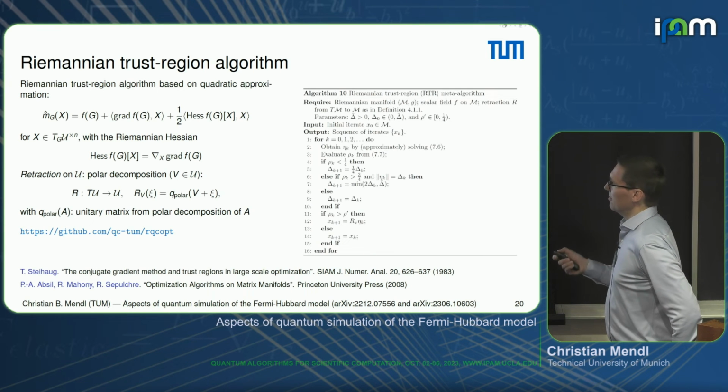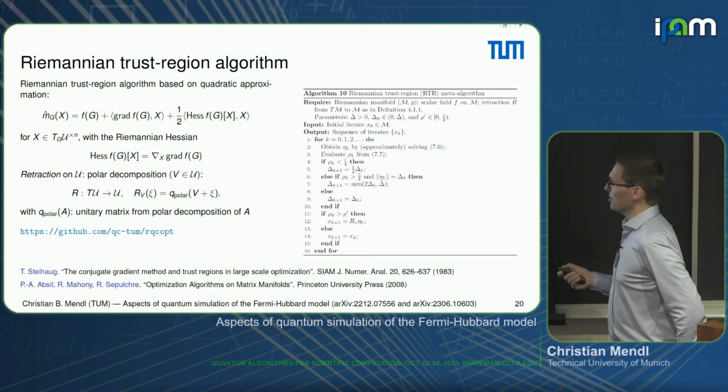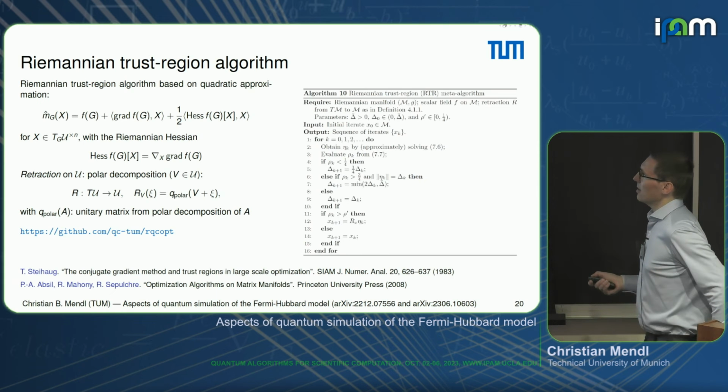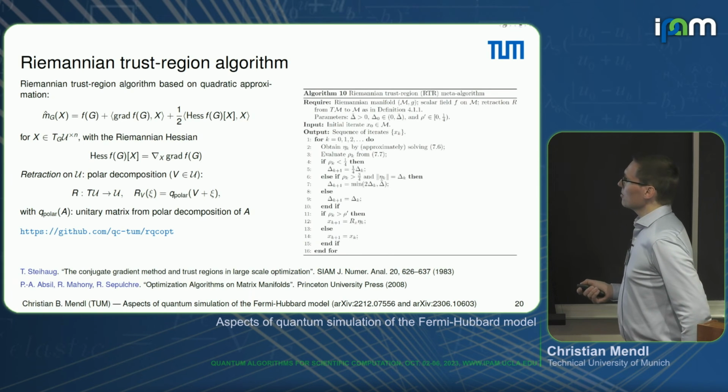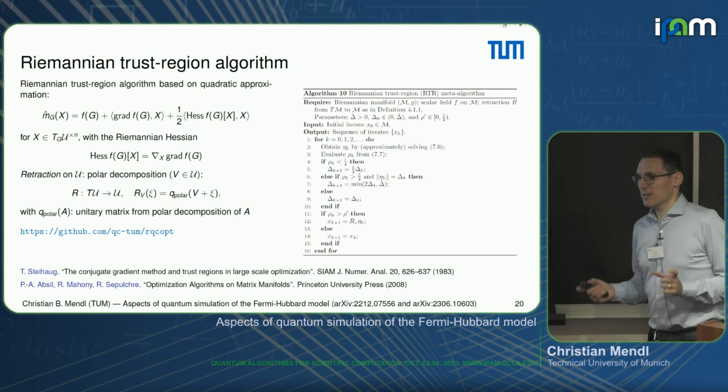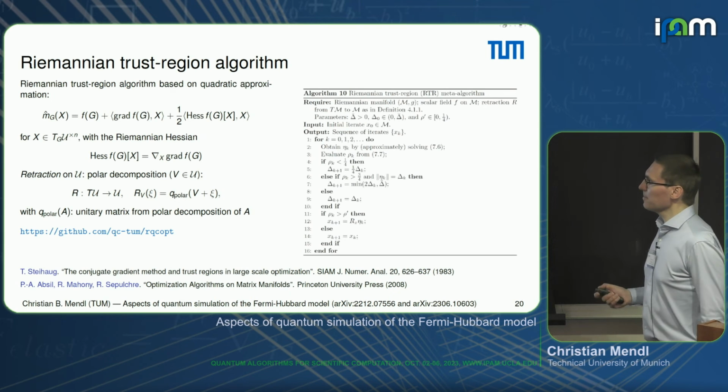We have literally implemented this algorithm, which is taken from this book from Absil. This trust region algorithm optimizes the gates essentially. And maybe one interesting point here is that we optimize all of the gates simultaneously. So not one by one, but really simultaneously.